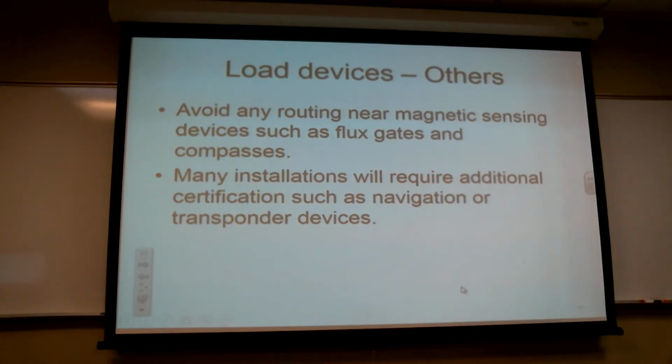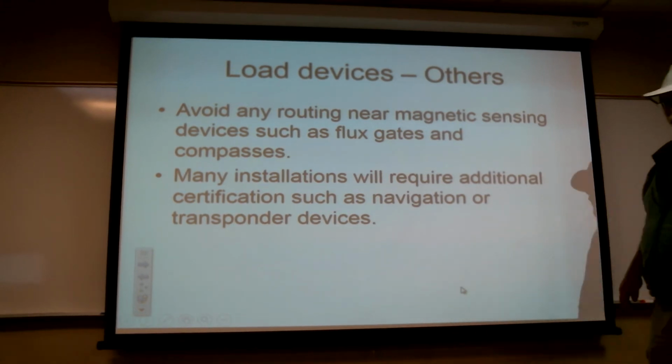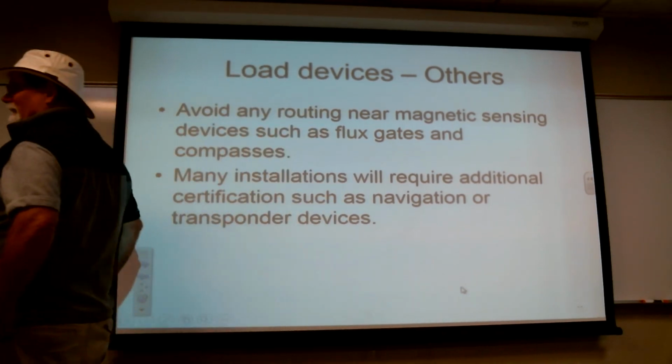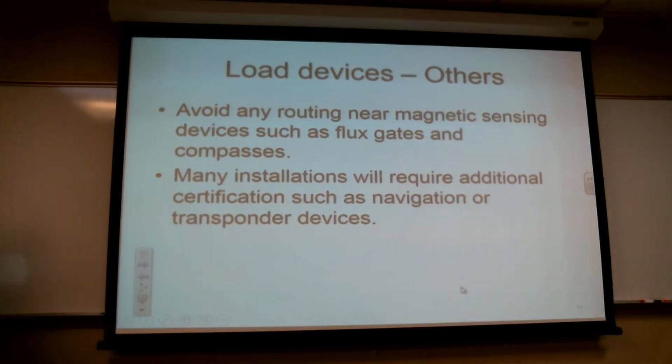So, all right, so it's probably not a good idea to take any of these high current wires and run it around any flux gates, electronic compasses, magnetic compasses, any other device that will be disrupted by the addition of magnetic fields anywhere nearby.